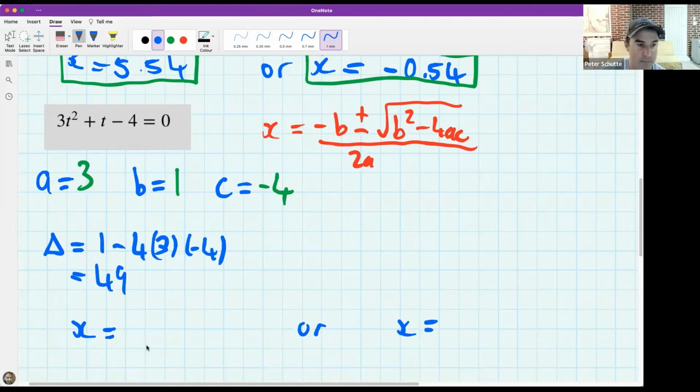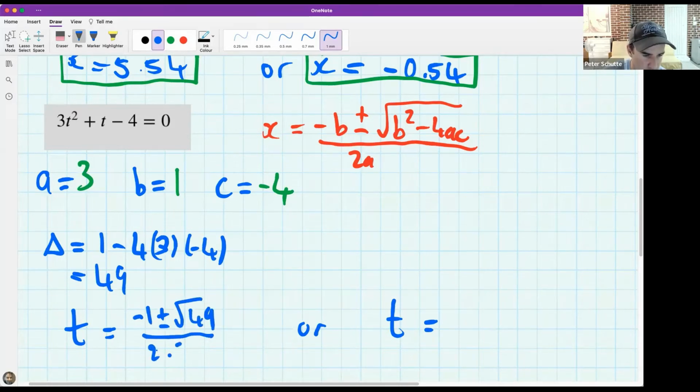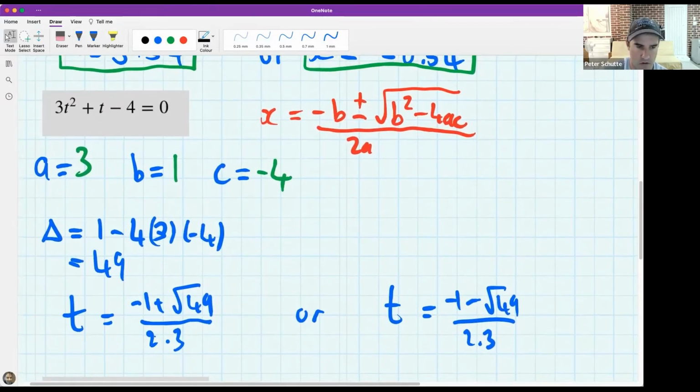So what do you get? I'm saying x's. I shouldn't really say x. I should say t. So I get -1 plus minus... If you want at this point, you can just use your calculator.